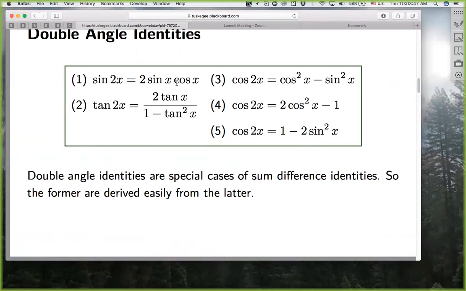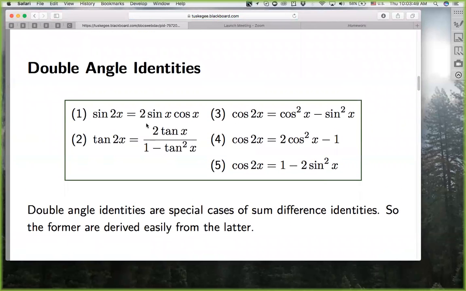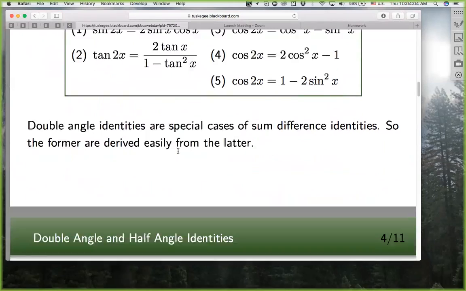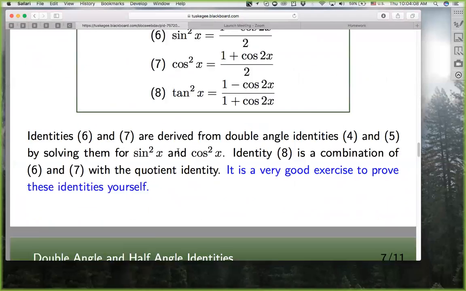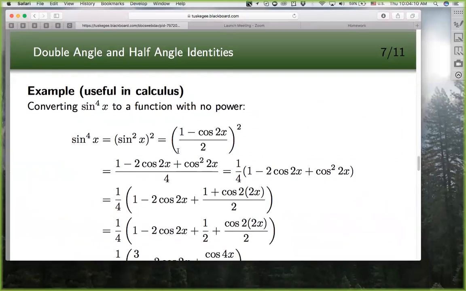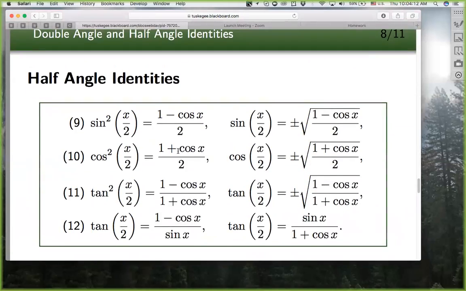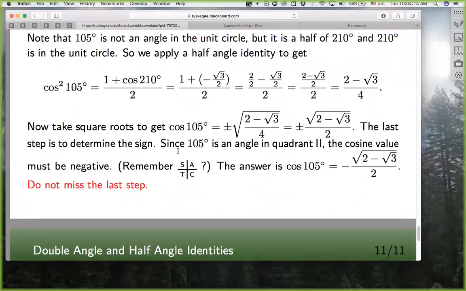So the double angle identities are basically used to find the values of trigonometric functions for double angles, 2 times an angle, using the single angle values, sine x and cosine x and so on. So let's try to see a few examples.